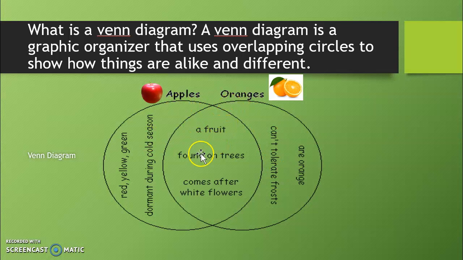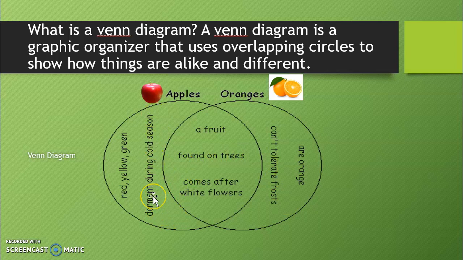So the apple and the orange. Well, we're going to compare them first. We know that they're both fruit and they both can be found on trees. Let's contrast them. The color of the apple can be red, yellow, or green. The color of the orange can be orange. Something else that we could put is that an orange cannot tolerate the frost or cold weather, whereas an apple is dormant during cold season.